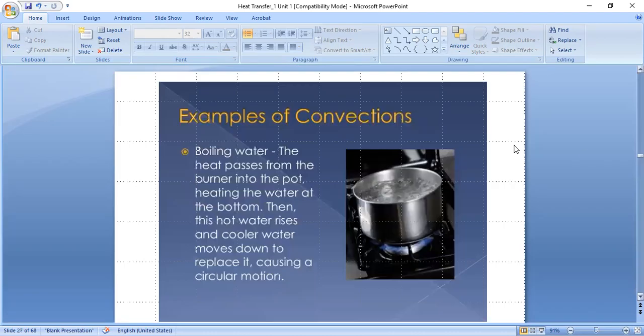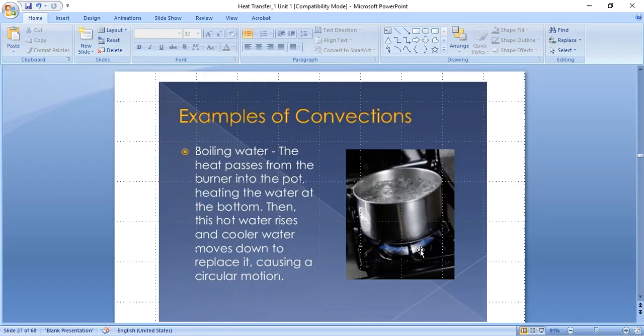See, an example of convection: boiling water. The heat passes from the burner into the pot, heating the water at the bottom. Since heat is continuously supplied at the bottom, the water starts to boil.